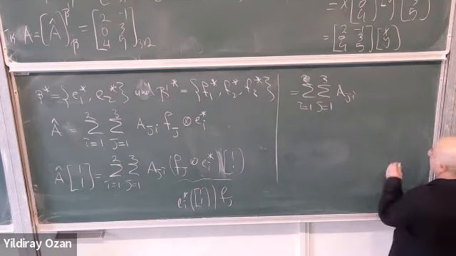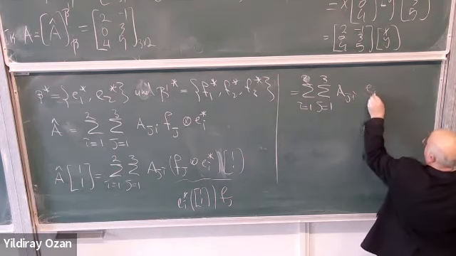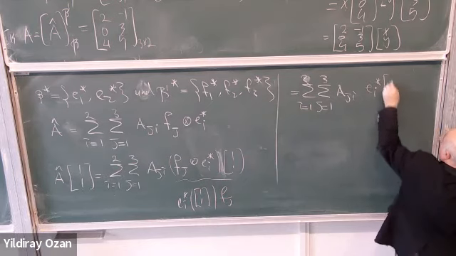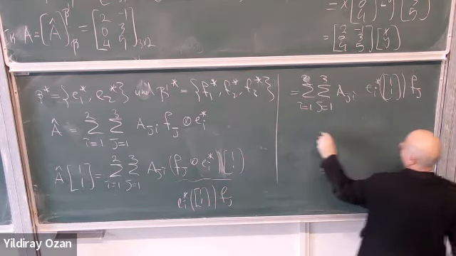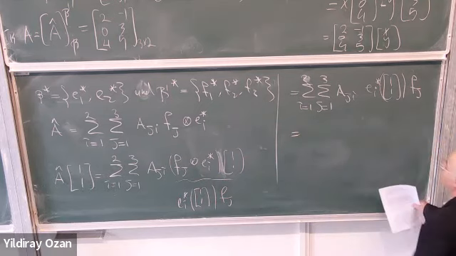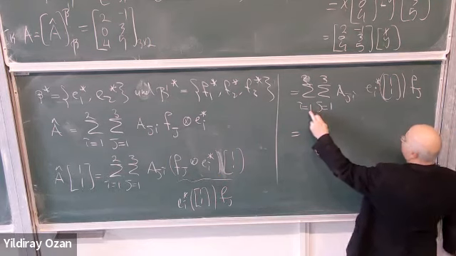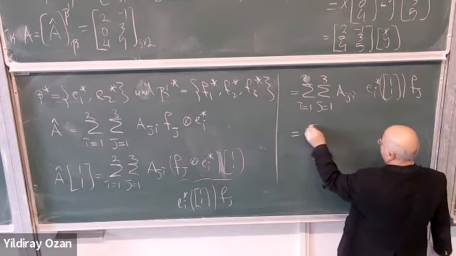So okay. Yes, E_i star of (1, 1), it will be this one, and then I will have F_j here.